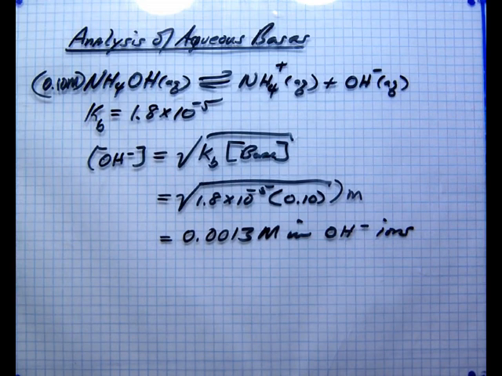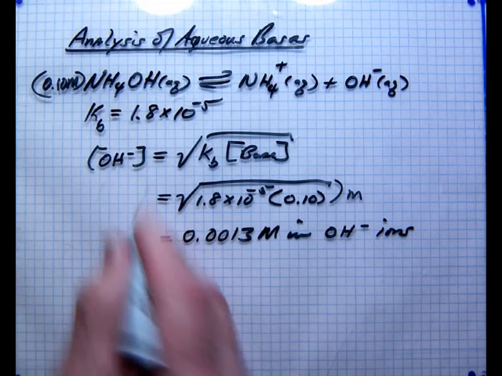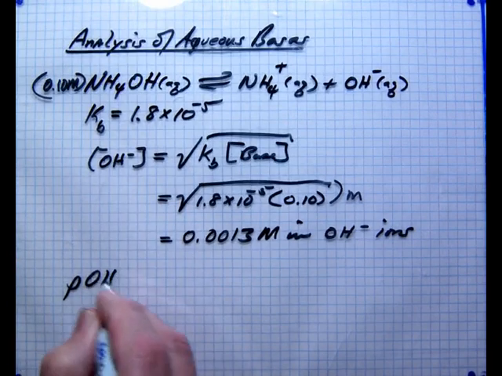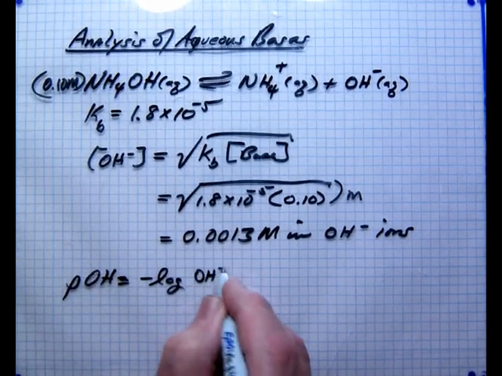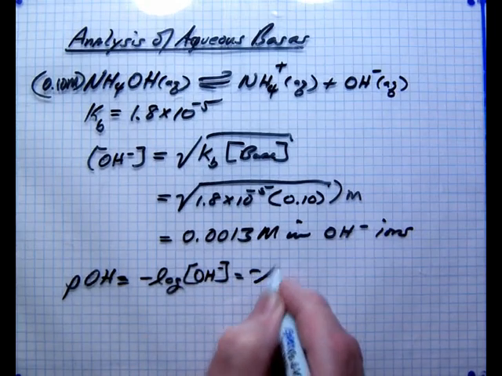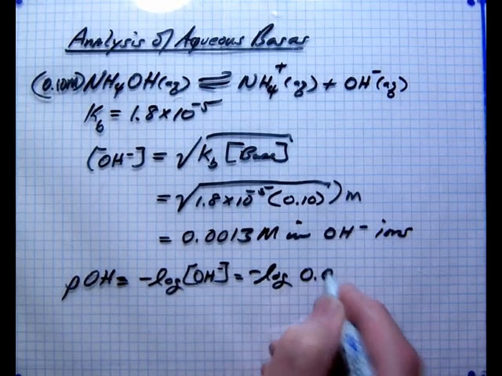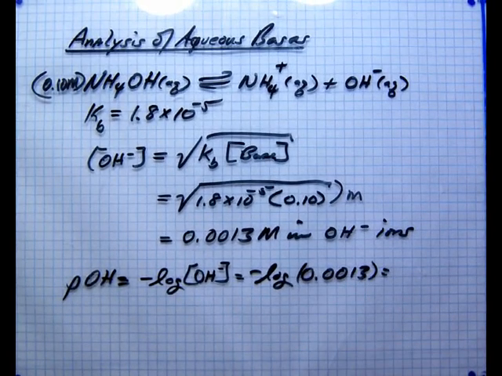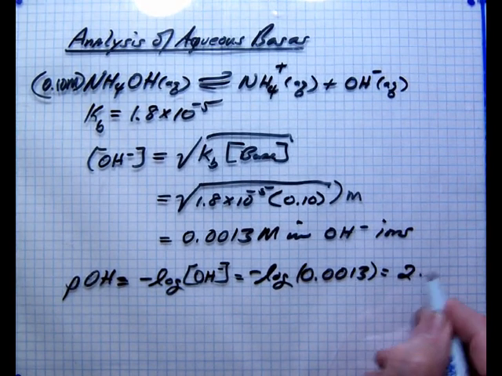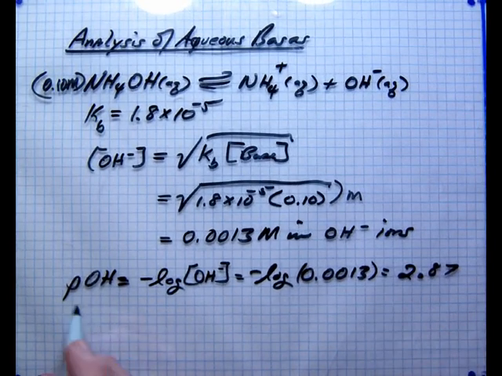Well, the problem is acidity and basicity are represented in terms of pH factor, not pOH. Well, we can still calculate a pOH, which is minus log of the hydroxide ion concentration, which is minus log of 0.0013 molar, giving us 2.87 pOH.